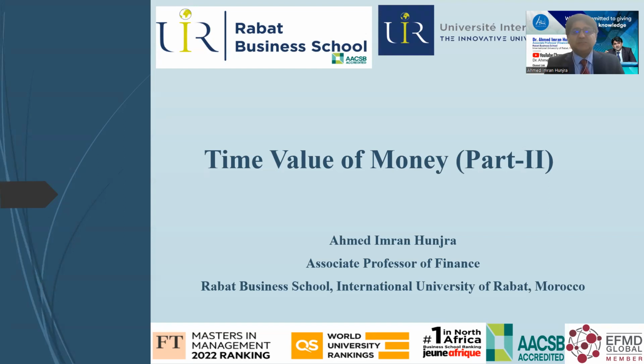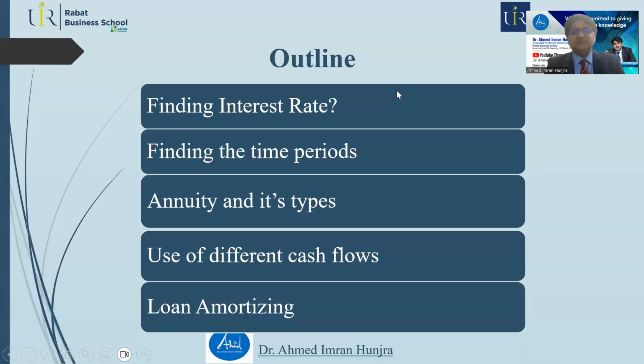So this is part two of time value of money, and in this topic, what will we cover? Here we will be dealing with finding the interest rate and how to find the number of time periods, and later I'll be dealing with the annuity and the types of annuities, and then we can deal with different cash flows.